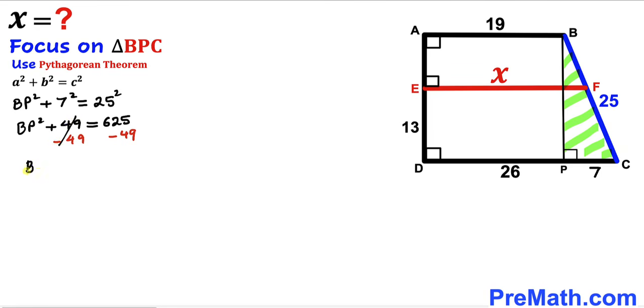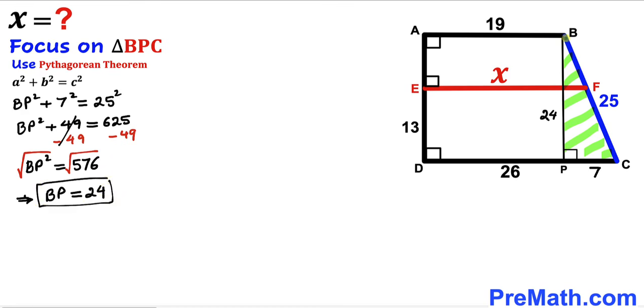So therefore, BP square is going to be 576. I'm going to undo this square by taking square root on both sides. So therefore, this BP length turns out to be positive 24 units.